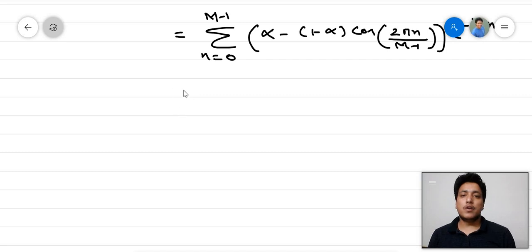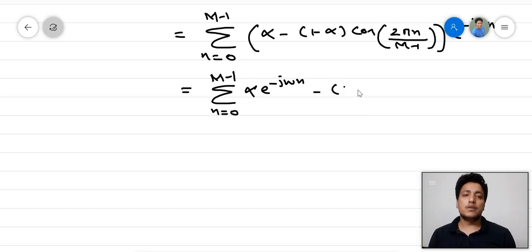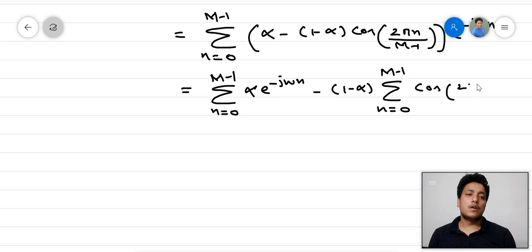Then we can write this as summation n equals 0 to M minus 1 of alpha e^(-j omega n) minus (1 minus alpha) summation n equals 0 to M minus 1 of cosine(2 pi n over M minus 1) e^(-j omega n).